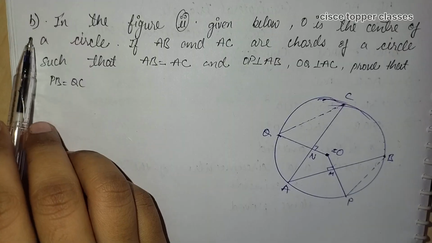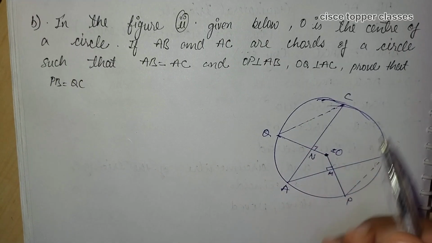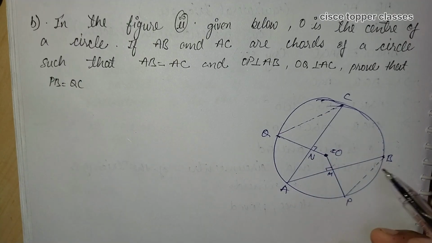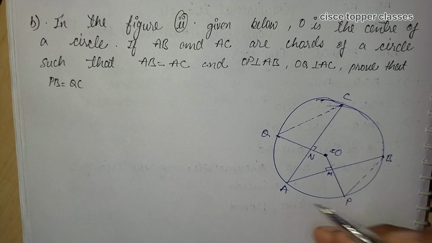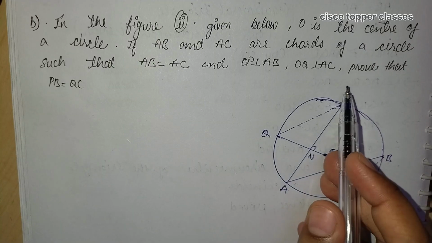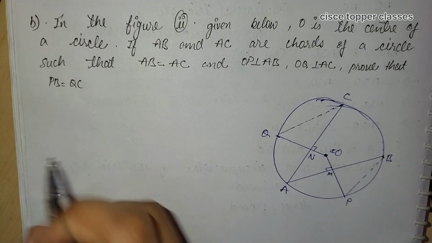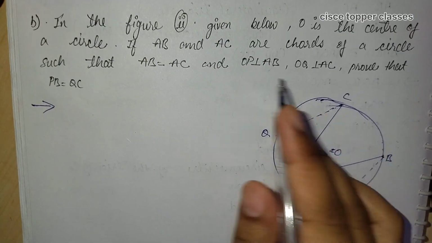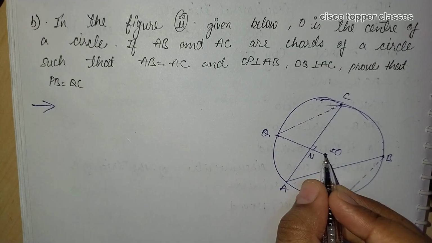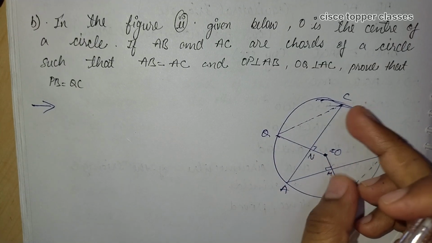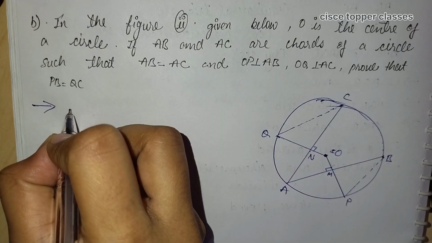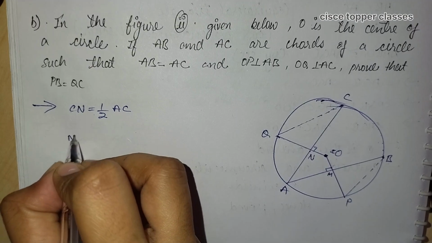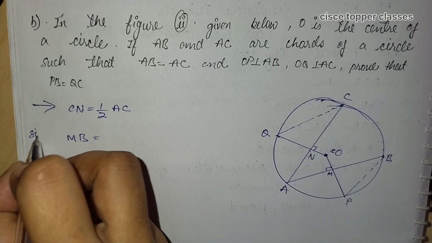Now let us solve the second part of question 18. In the second figure given below, O is the center of a circle, AB and AC are chords of the circle such that AB is equal to AC, OP is perpendicular to AB and OQ is perpendicular to AC. Then prove that PB is equal to QC. As it is given that OP is perpendicular to AB and OQ is perpendicular to AC, then CN is equal to AN, and from that we can write CN is equal to 1 by 2 of AC.